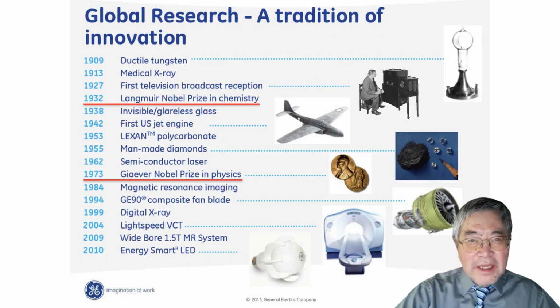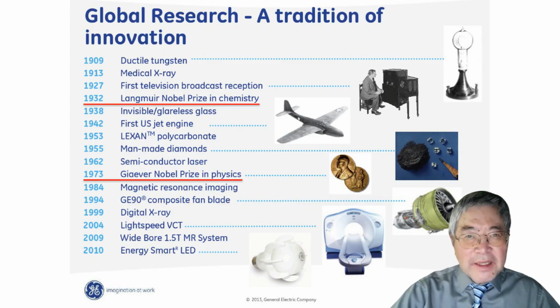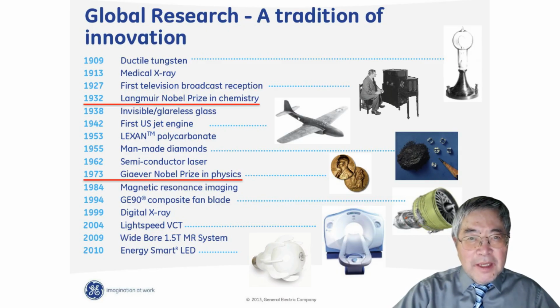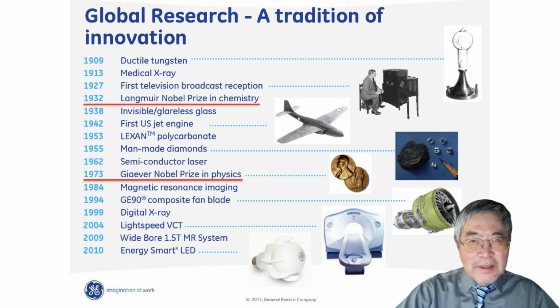And in 1999, digital X-ray systems came out of their labs. They've consistently been at the forefront of translating ideas into real-world technologies. My lab and the Global Research Center have been closely collaborating on medical imaging over decades. So when we say medical imaging sits at the cutting edge of innovation, we mean it.